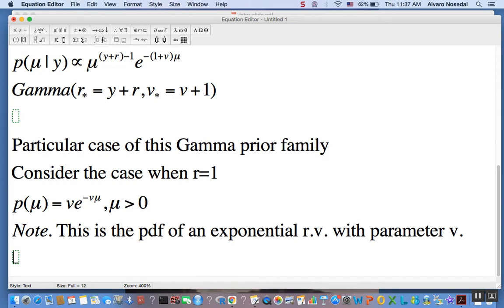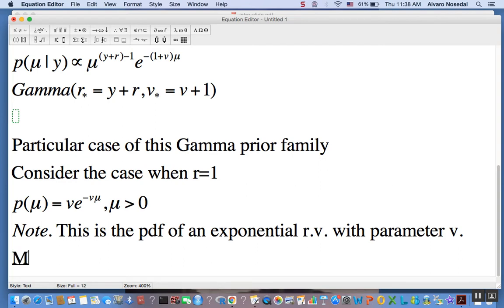Something that is also going to be useful in our discussion is recalling the expressions that we can use to find the mean and the variance of a gamma random variable, right?